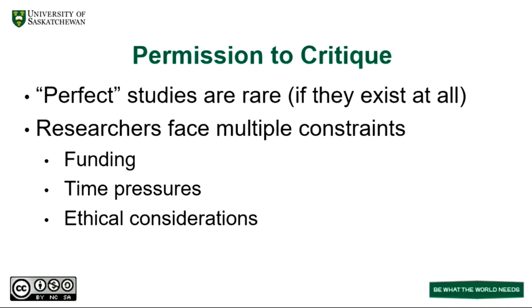Because the reality is there are lots of constraints placed on researchers and academics. So there are concerns around money, around time, and as noted previously, around ethics. So keep in mind that yes, most of the stuff that you are reading will likely be of quite good quality, especially if you're looking at reputable sources.